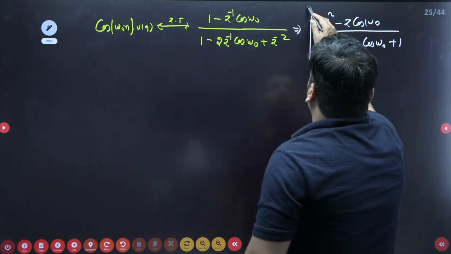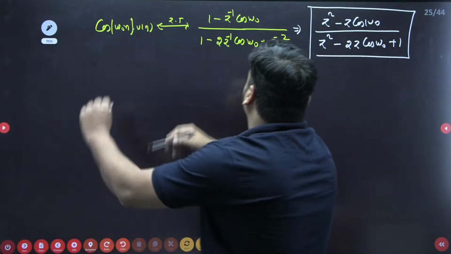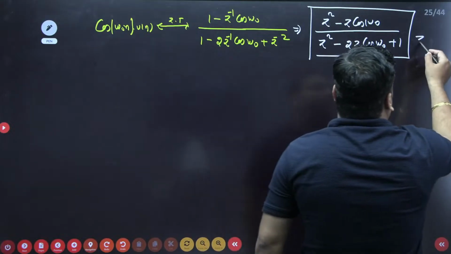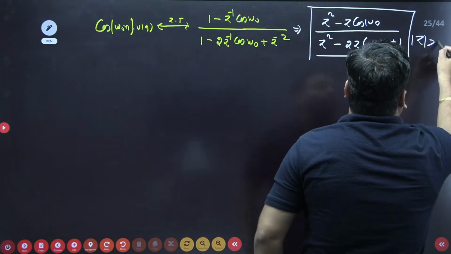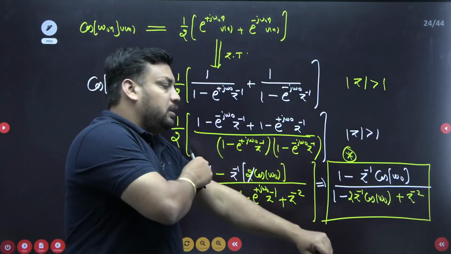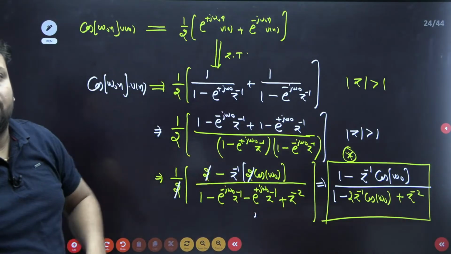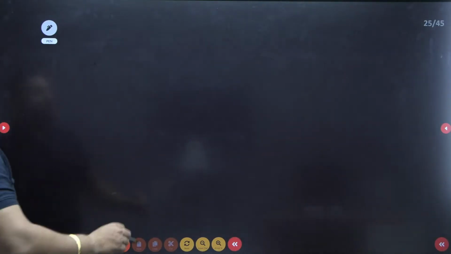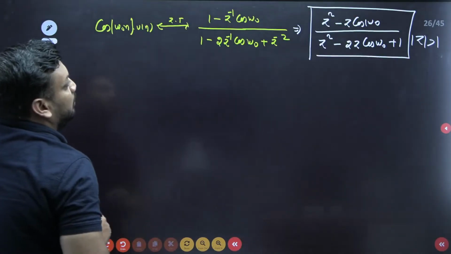You can even take common z also. And still the ROC is mod of z greater than 1. Is this clear till now? Yes sir. So now parallelly try for sin also. I am also doing it here. The cos result we have already stored.